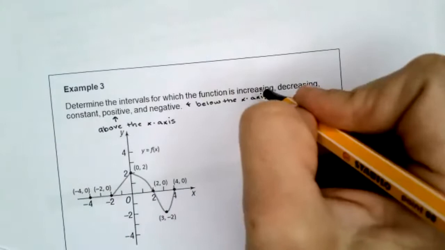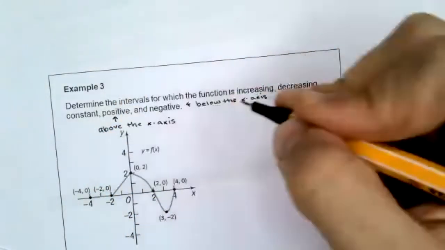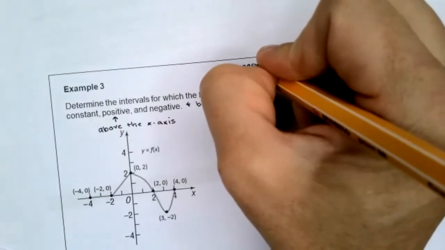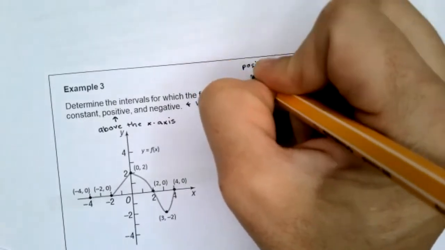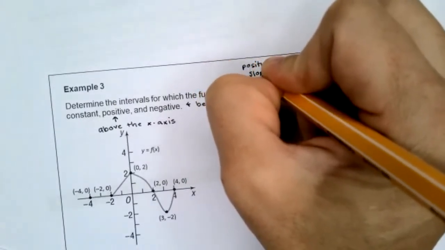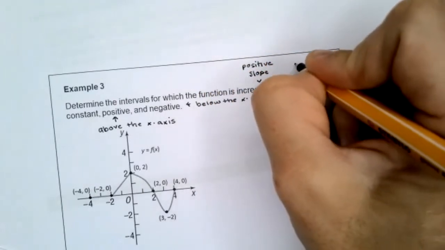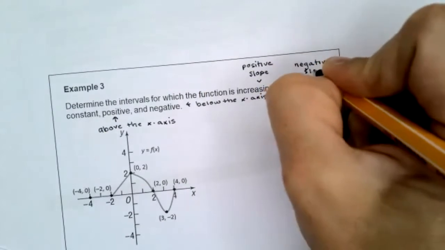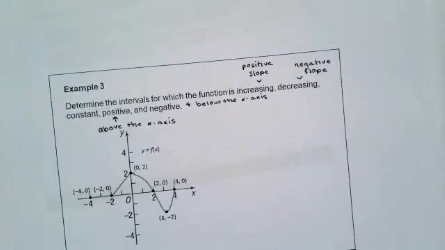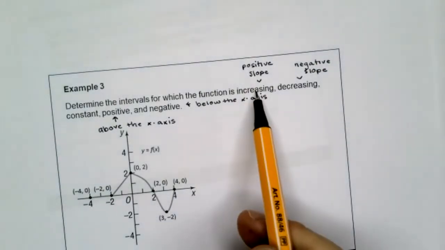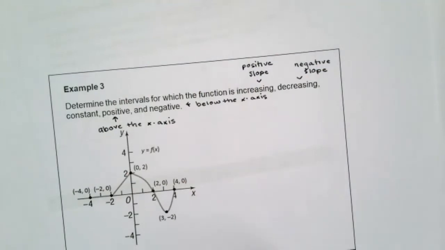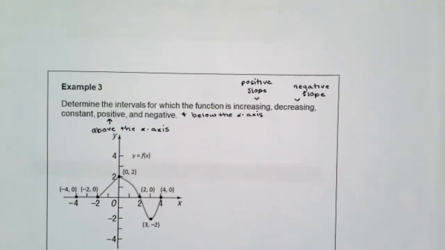And so increasing is a positive slope, but we don't say positive, okay? So increasing is a positive slope. And I know I'm rushing ahead, I'll go back. And decreasing is a negative slope. So if you are thinking of them as slope, like I'm telling you to, make sure that you're not confusing increasing with positive, decreasing with negative. Those are different things that they're asking.